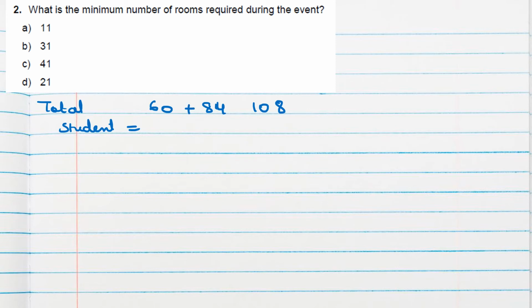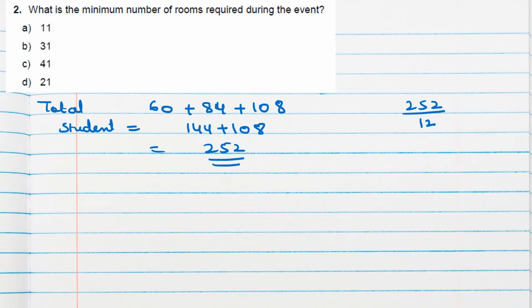This gives 144 plus 108, so 252 are the total participants. And we know from the first question that only 12 persons can be seated in a room.